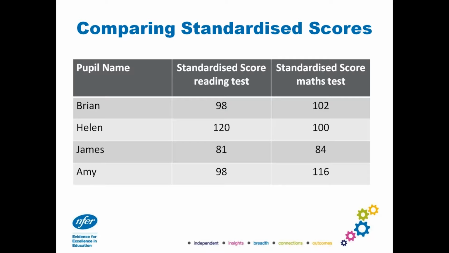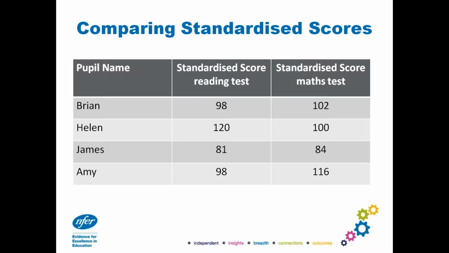If we take Helen as an example, we can compare her scores in reading and maths. So with a standardised score of 120 for reading, Helen's performance in reading is considered well above the average, as it's much higher than the standardised score of 100, which we set as the average. Later in the presentation, we'll consider confidence bands and determine how you can establish whether there are statistically significant differences between test scores.